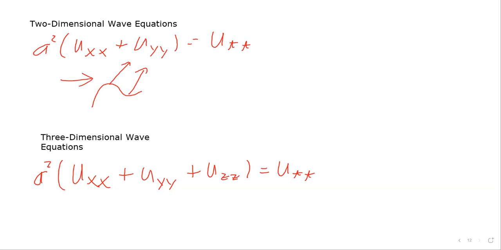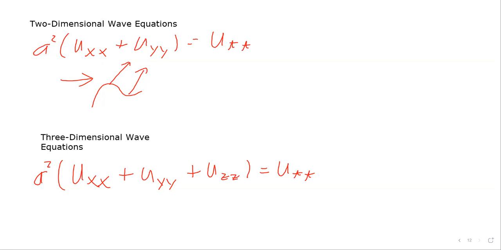You can also have acoustical waves in the atmosphere. You can have electromagnetic waves in the atmosphere or elastic waves in a solid body. Our three-dimensional one is motion of a thin elastic sheet. So kind of like a drum head.